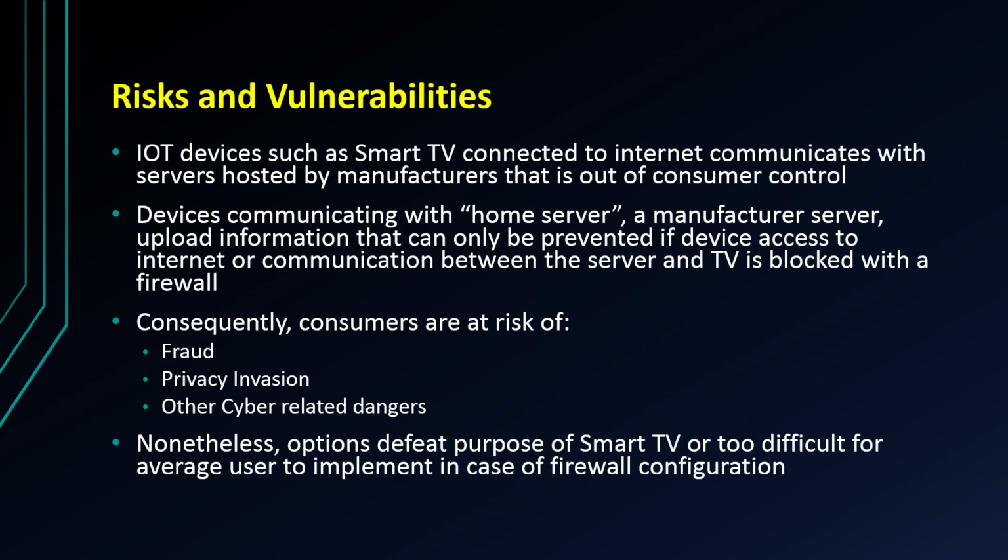Nonetheless, the options defeat the purpose of a smart TV or are too difficult for the average user to implement in case of firewall configuration. Consequently, consumers are at risk of being victims of fraud, privacy invasion, and other cyber-related dangers.